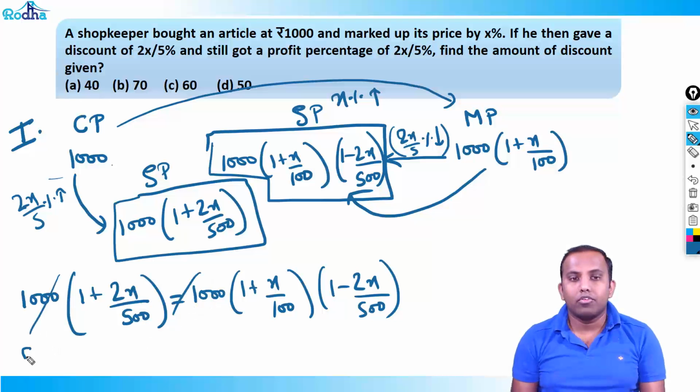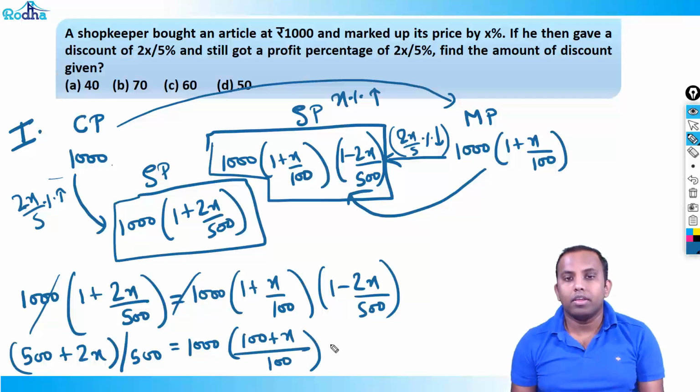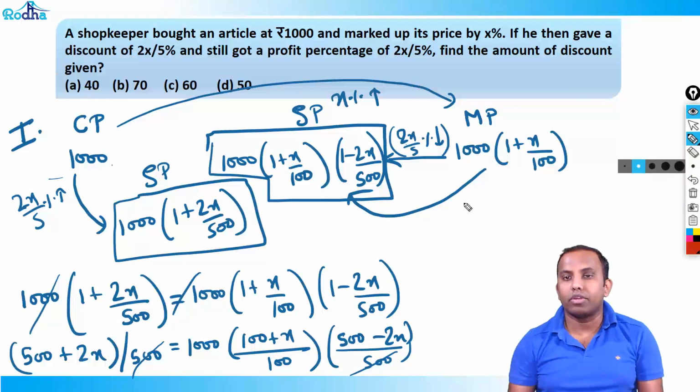Then solve it: 500 plus 2x upon 500 is equal to 1,000 into 100 plus x upon 100 into 500 minus 2x by 500. You can cancel 500 here and solve it. So solving, you'll get x is equal to 50.